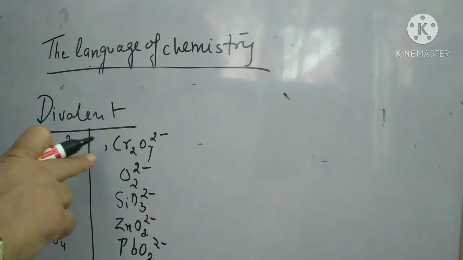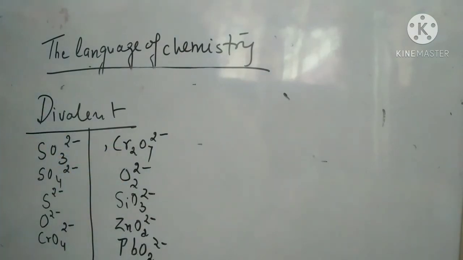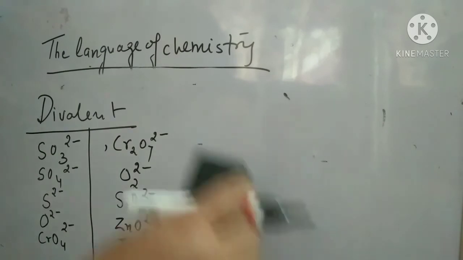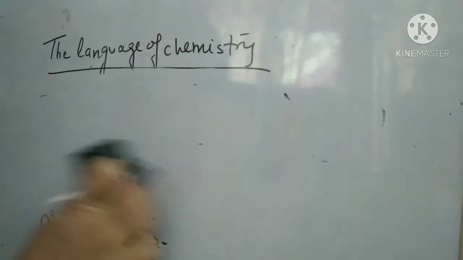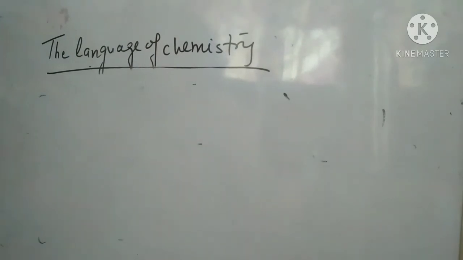They are known as divalent elements. So all these elements are negative radicals. Now coming to trivalent elements. Trivalent elements are those elements which possess 3 valency.